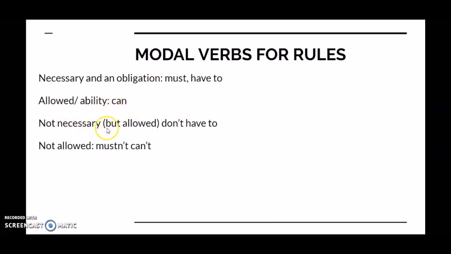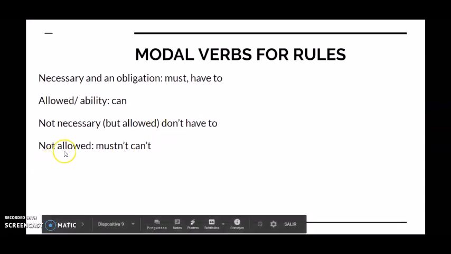Not necessary but allowed: don't have to. Not allowed: mustn't or can't.